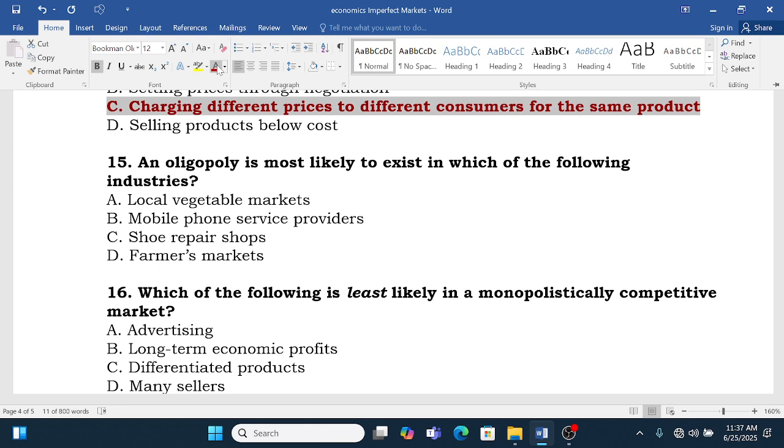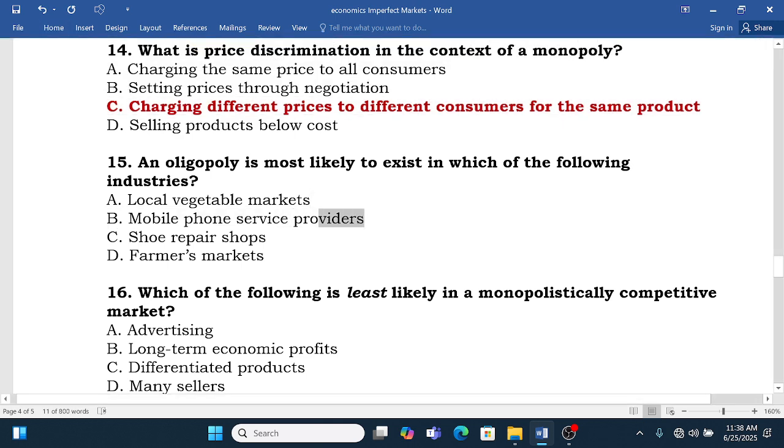Oligopoly. An oligopoly is most likely to exist in which of the following industries? Local vegetable markets, mobile phone service providers, shoe repair shops, farmers markets. So here the correct answer is B, where mobile service providers are an oligopoly.